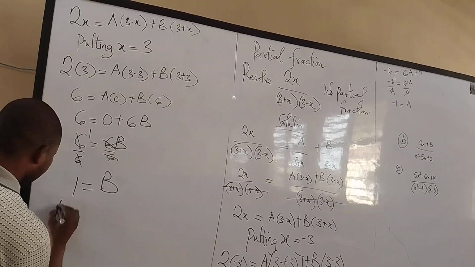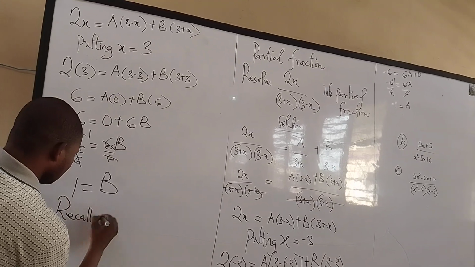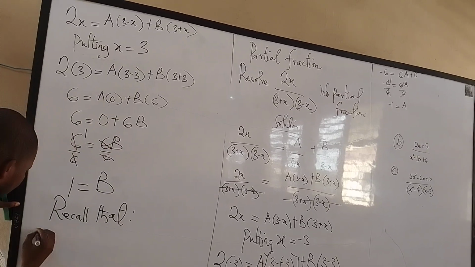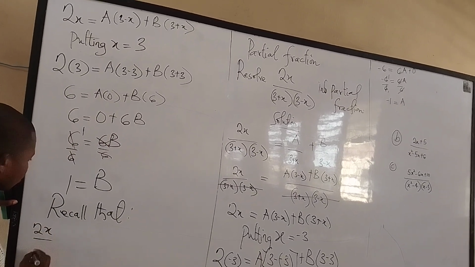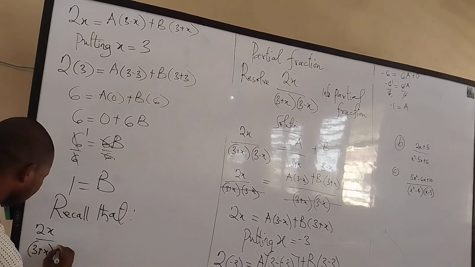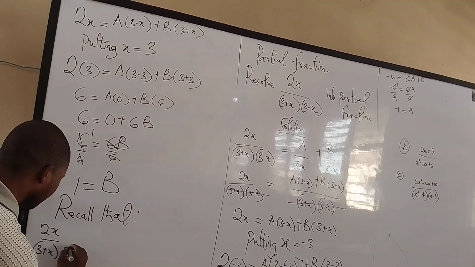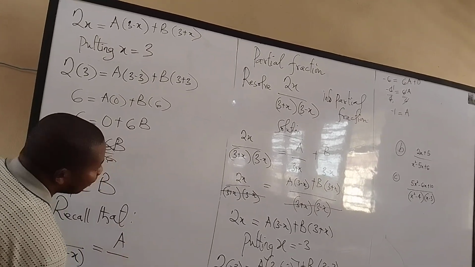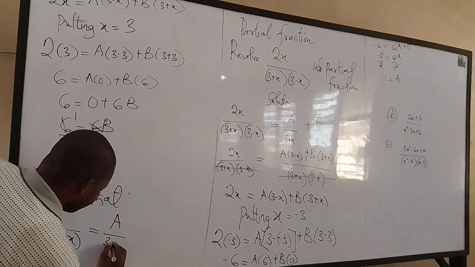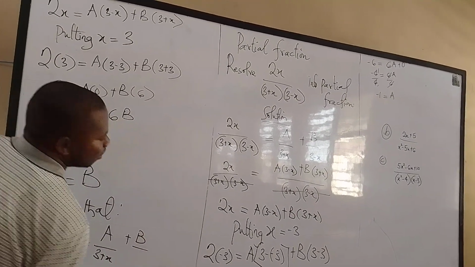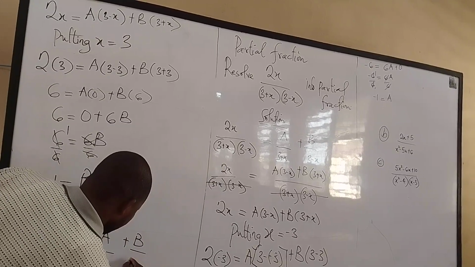We now recall this back from the beginning. Recall that 2x over 3 plus x into 3 minus x is equal to a over 3 plus x, then plus b over 3 minus x.